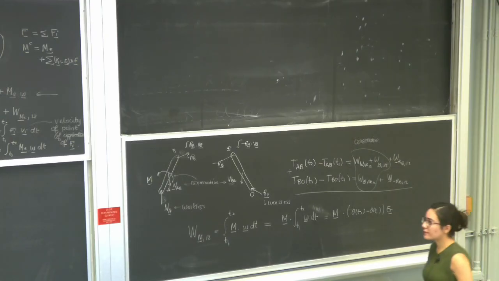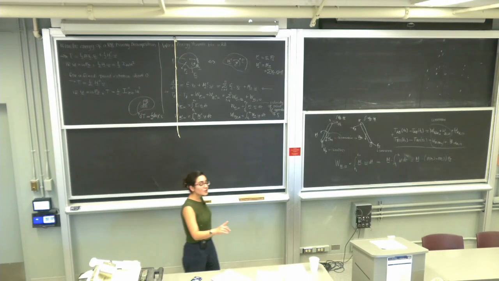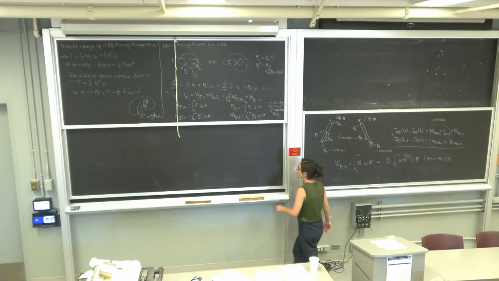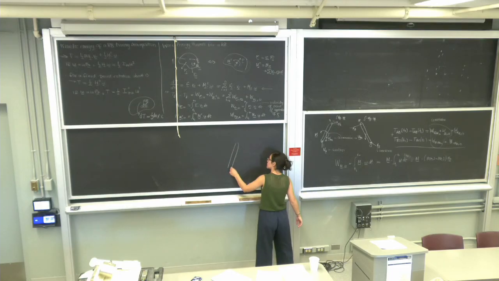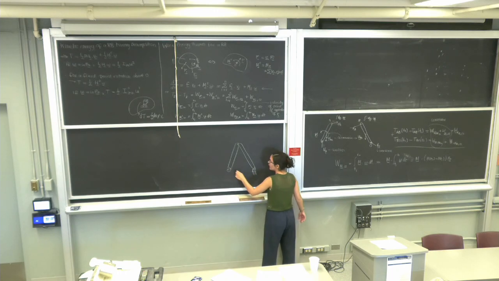But, caution, it's not always true that we can neglect the internal forces in the work energy theorem. For example, I could have this system, same here, and I can have a damper between the two.